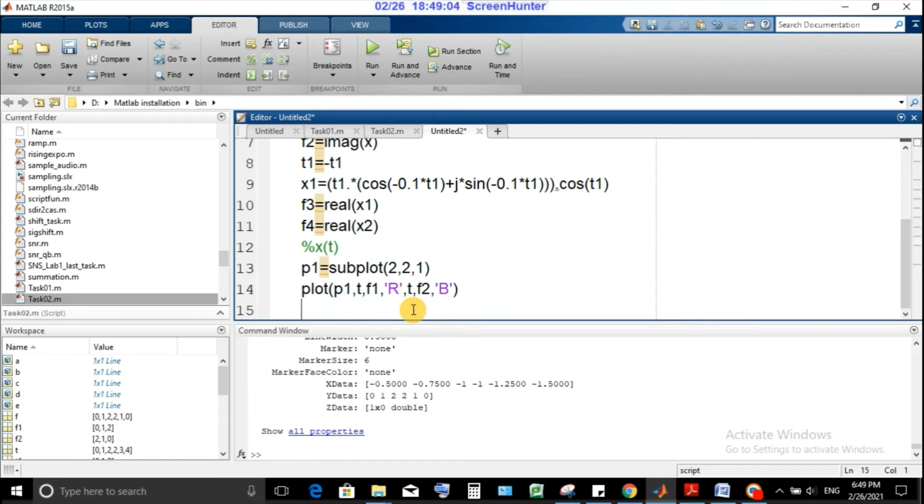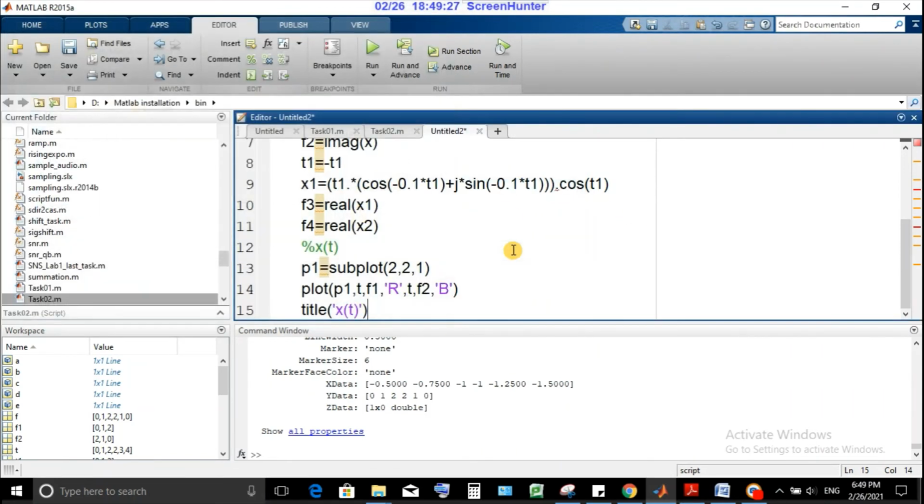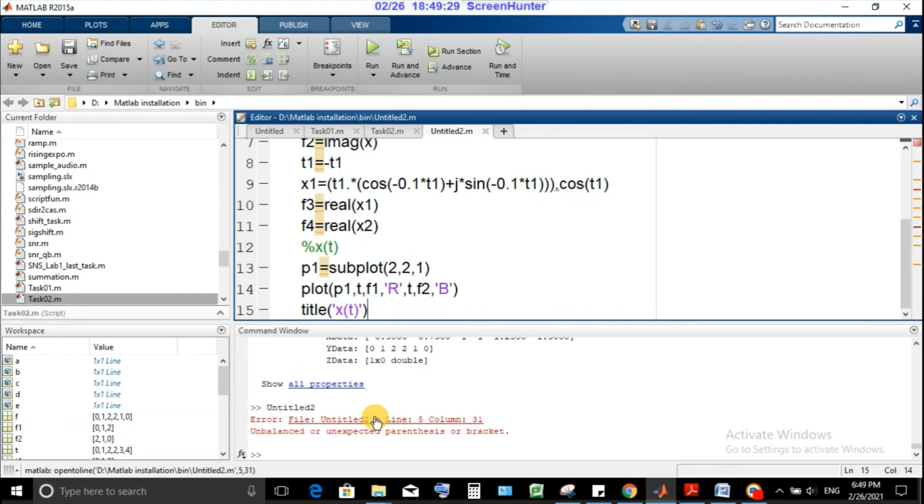And then we can write the command for label and title x, x in round brackets, and now if we run it, we can rename it better as Prelab task.